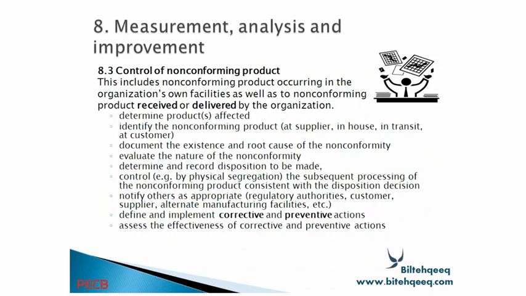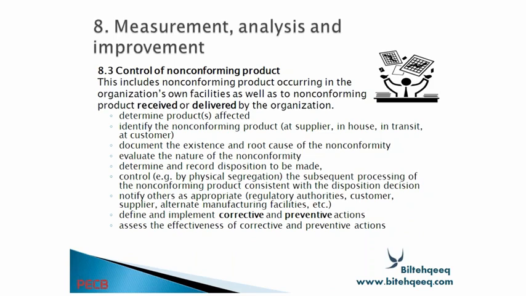And 8.3 is the control of non-conforming product. This includes non-conforming product occurring in the organization's own facility as well as non-conforming product received or delivered by the organization. Determine products affected, identify the non-conforming product at the supplier, in-house, in transit, at the customer.